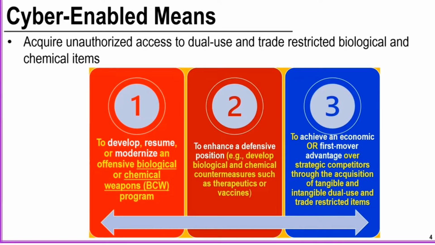The cyber-enabled means can be used to develop, resume, or modernize an offensive biological or chemical weapons program. Cyber-enabled means can be used to enhance a defensive position, for instance, development of biological and chemical countermeasures, including vaccines.